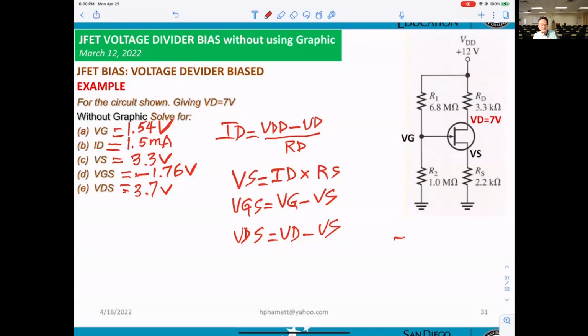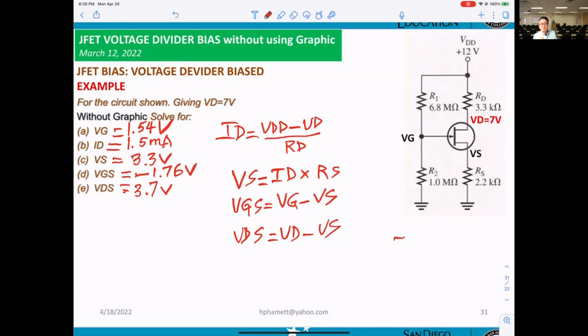And normally they don't do anything with the graph. For any circuitry that needs the graph, normally they can give you an extra value. For example, on this one, they gave you VD.